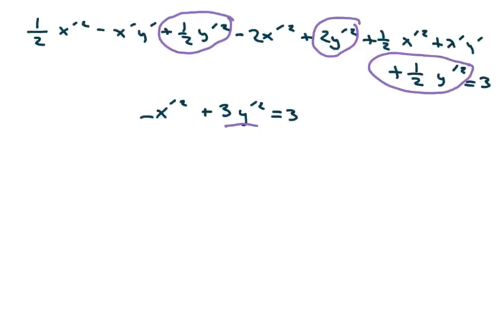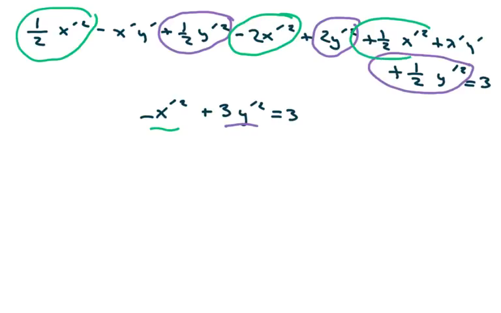And then for the squared ones, I have the x prime squares right here, and that's what gives me the negative x prime squared, because this is negative 2. And what did we do? We eliminated the xy. Now, we don't want to lead with negatives, so I'm going to rewrite this as 3y prime squared minus x prime squared equals 3.